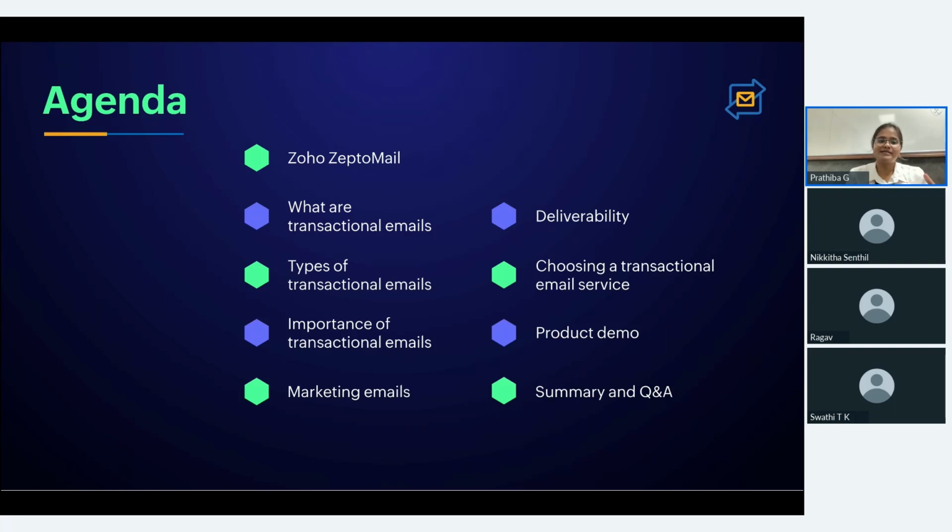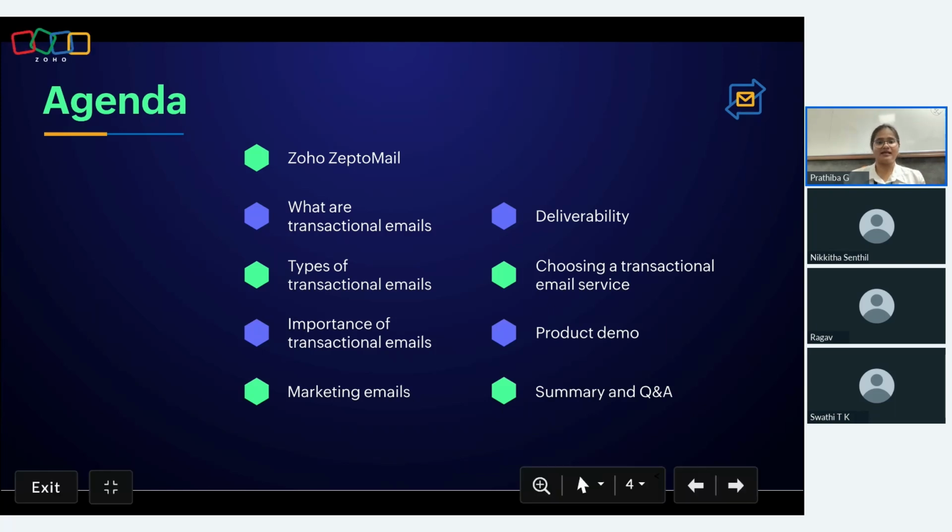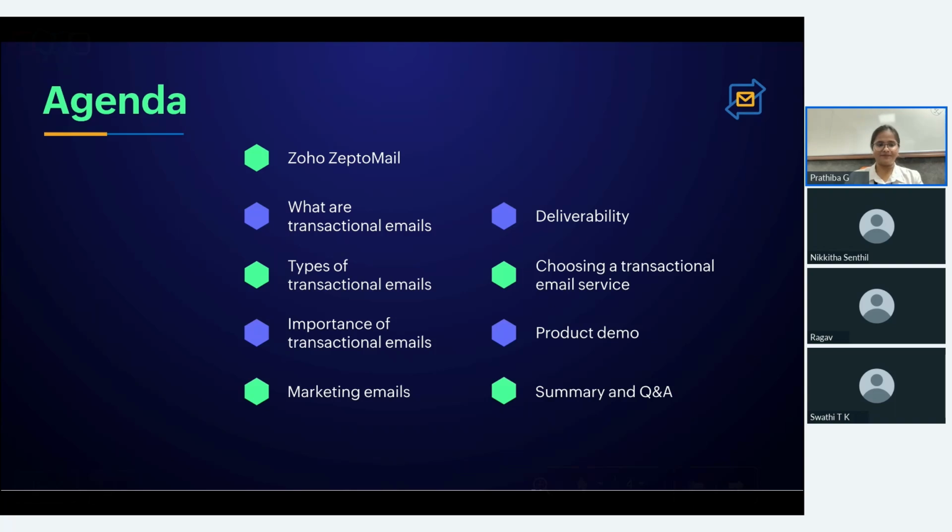And to give you a bit of context on their importance, we'll touch on what marketing emails are, and I'll also tell you how deliverability helps in getting your emails to your customers. Then I'll give you the baseline factors that help you choose a good transactional email service. Finally, we'll have the product demo followed by a summary and quick Q&A session with the experts.